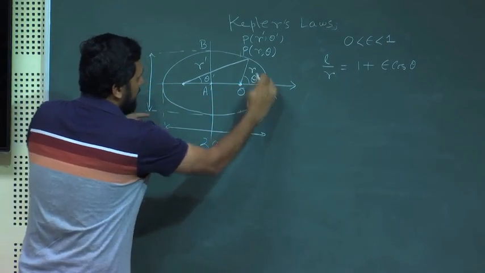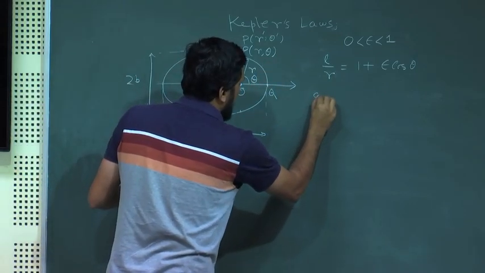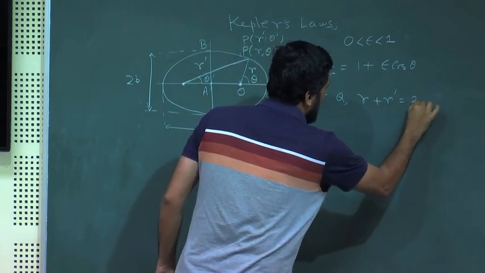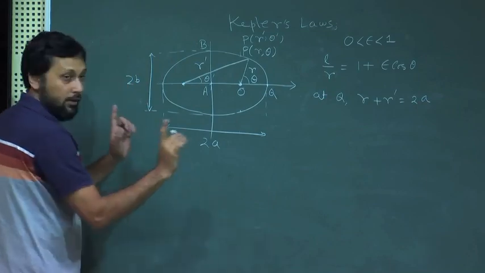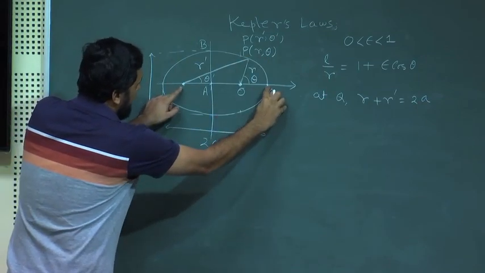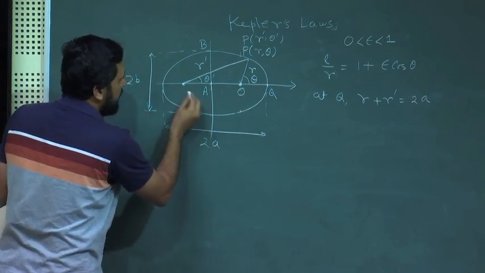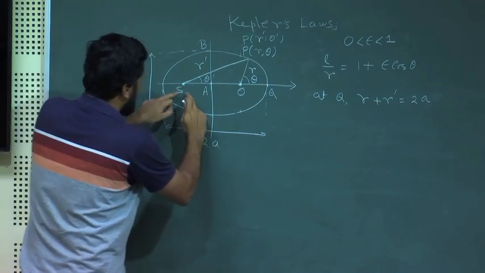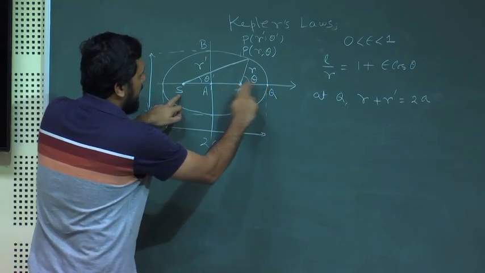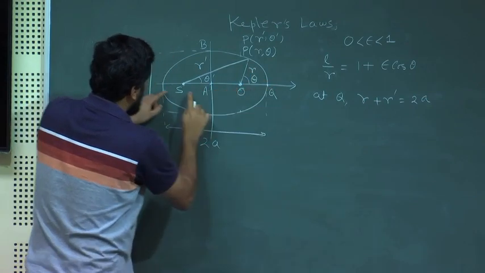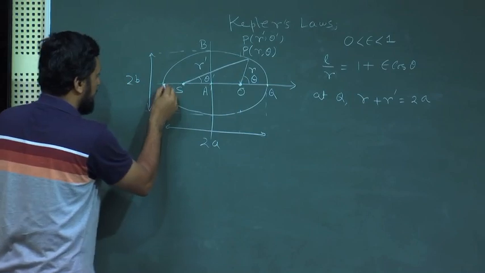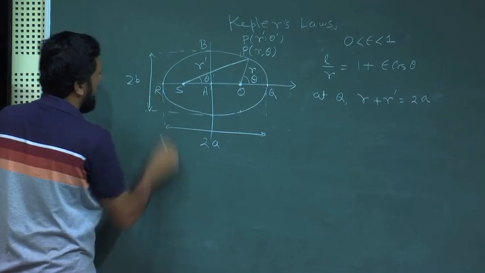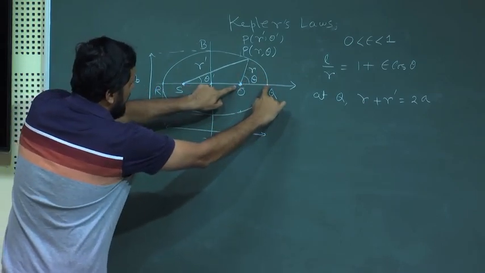So, if these 2 points coincide, we can say that at Q, R plus R prime is equal to twice A. Think of it, when this point moves here, R prime will be SQ and R will be OQ, which will be equal to, we will also need a name for this point, SR. So, this will be equal to this.